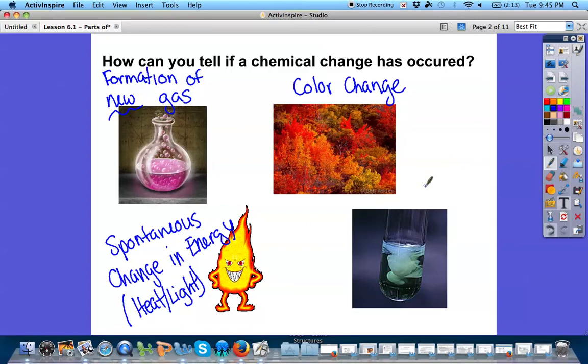Then a formation of a precipitate. A precipitate forms when you pour 2 liquids together and a solid falls out of solution.